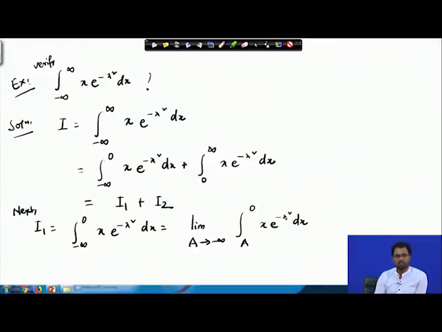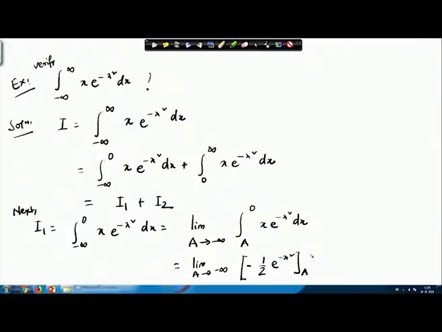Here, if I substitute x square equals z, then I will obtain x dx as dz by 2, and doing the integration, this reduces to the limit a goes to minus infinity of minus half e to the power minus x square from a to 0.